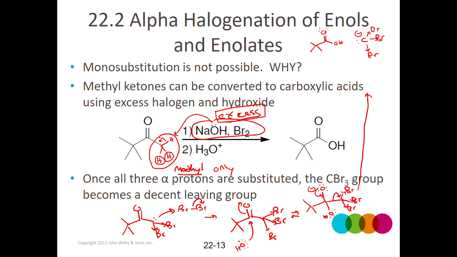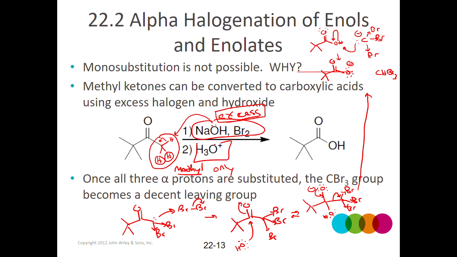That wouldn't do enough. We need 3 to pull enough electron density away from that carbon and its negative for it to actually be able to leave. It's still pretty unstable with the negative though, so it would quickly pick off a proton and these electrons would stay here, and I would get an even more stable resonance stabilized negative and CHBr3, which is bromoform.